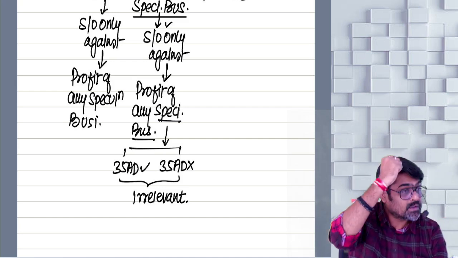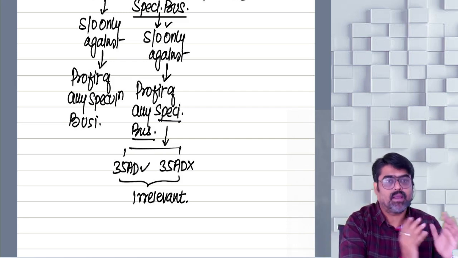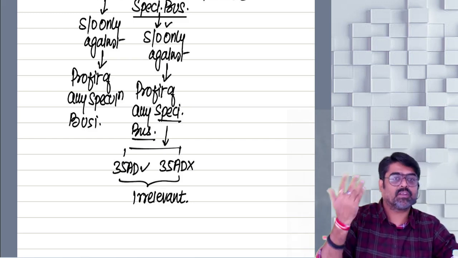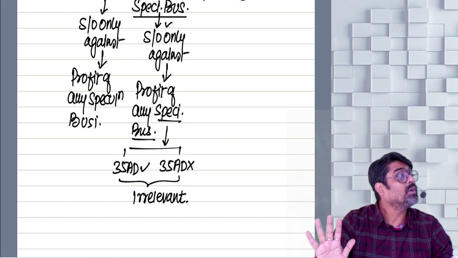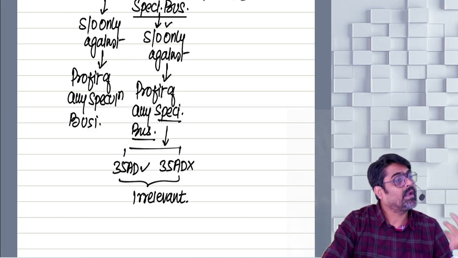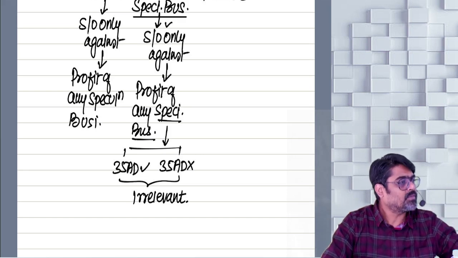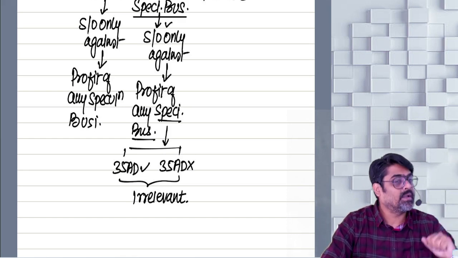For example, two businesses are there, business A, business B. Business A is also a specified business and business B is also a specified business. For business A, you are claiming 35AD deduction.